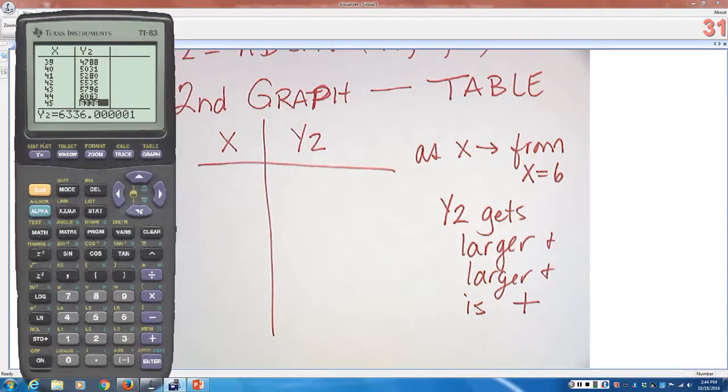That tells me the function itself is increasing, and it's increasing at a faster and faster rate.